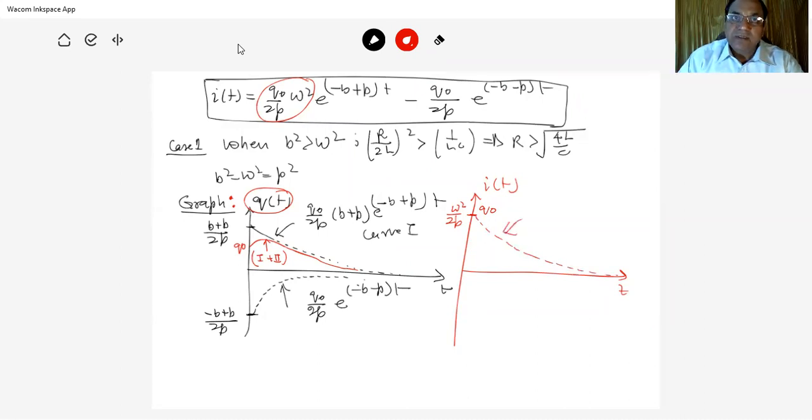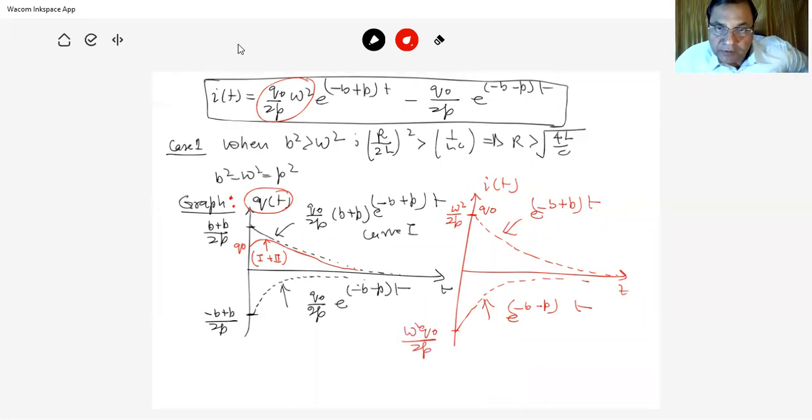This is e raised to the power minus (B plus P) T. And the graph is something that is minus (B minus P) of T. This value is Q0 omega square by 2P. So the resultant graph will be the sum of these two: this is graph 1 and here it is graph 2.